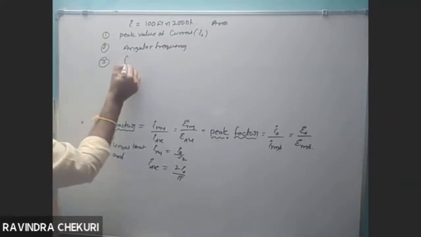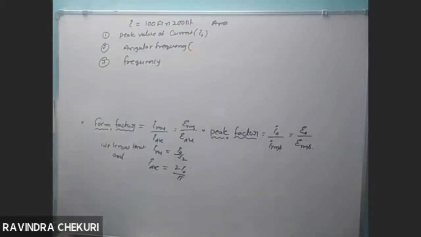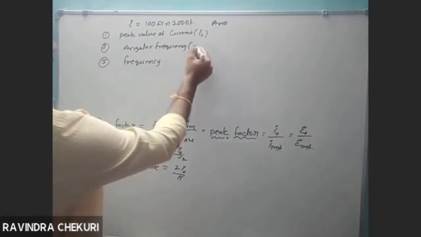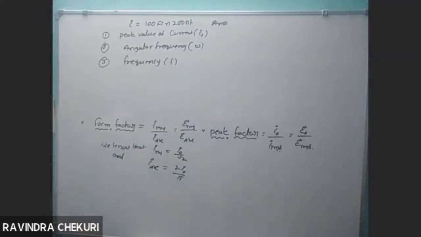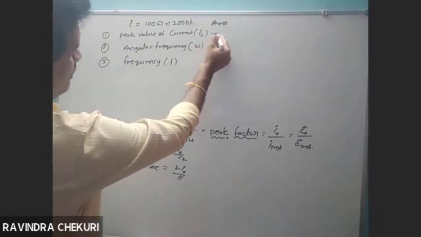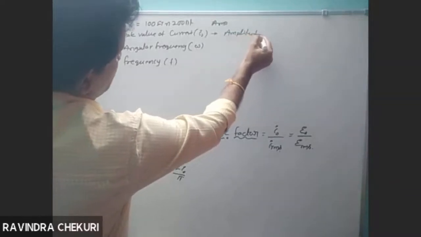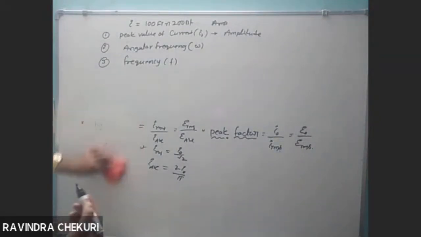Third: frequency f. The peak value of current I naught is also called the amplitude. Peak value of current, maximum value of current, or amplitude.